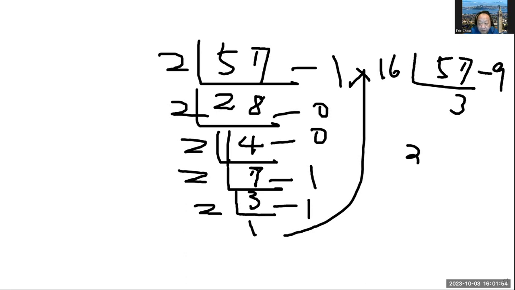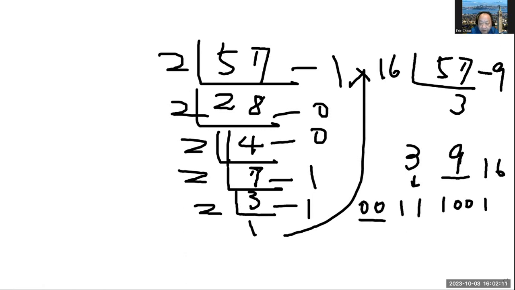So it would be 3, 9, base 16. And then 9 is 1, 0, 0, 1. 3 is 0, 0, 1, 1. So this becomes binary as well.